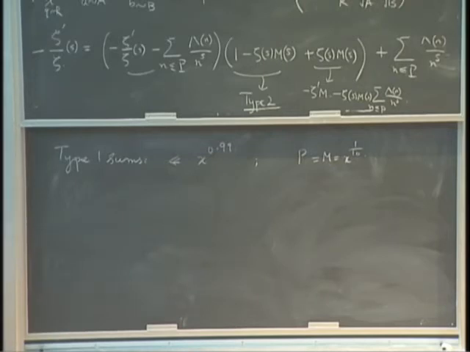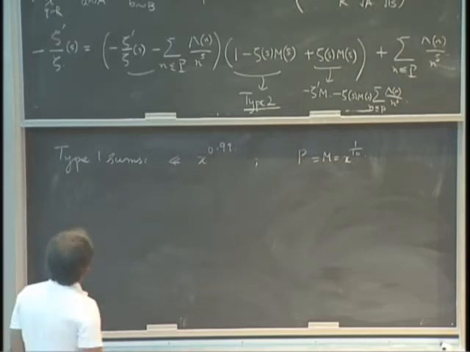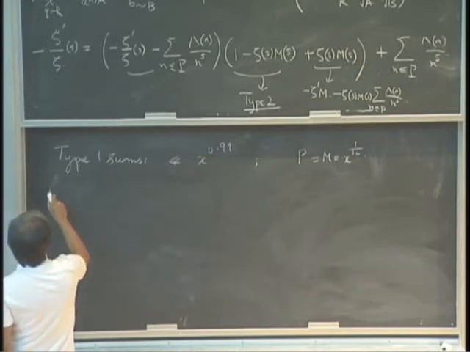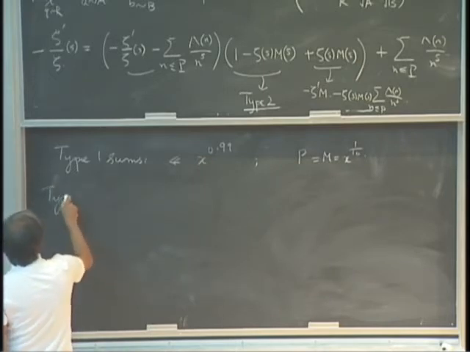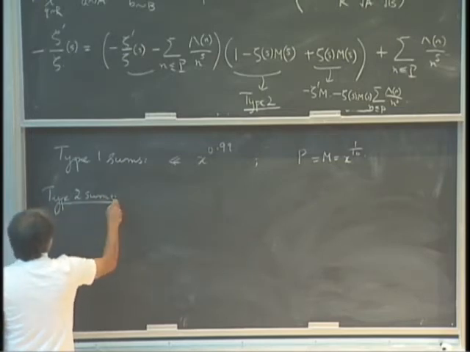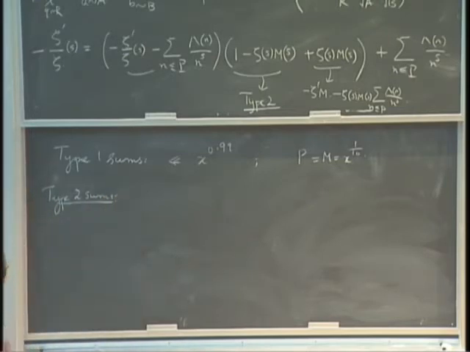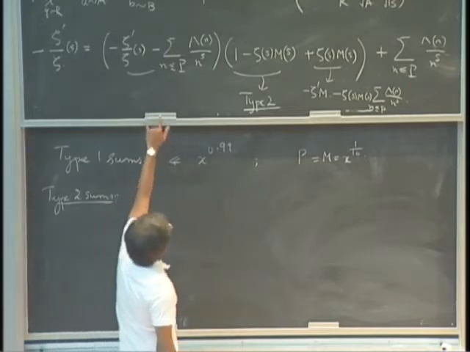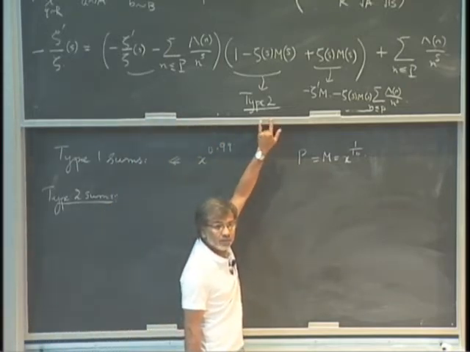And then the type 2 sums. So that's this guy times that guy, right?